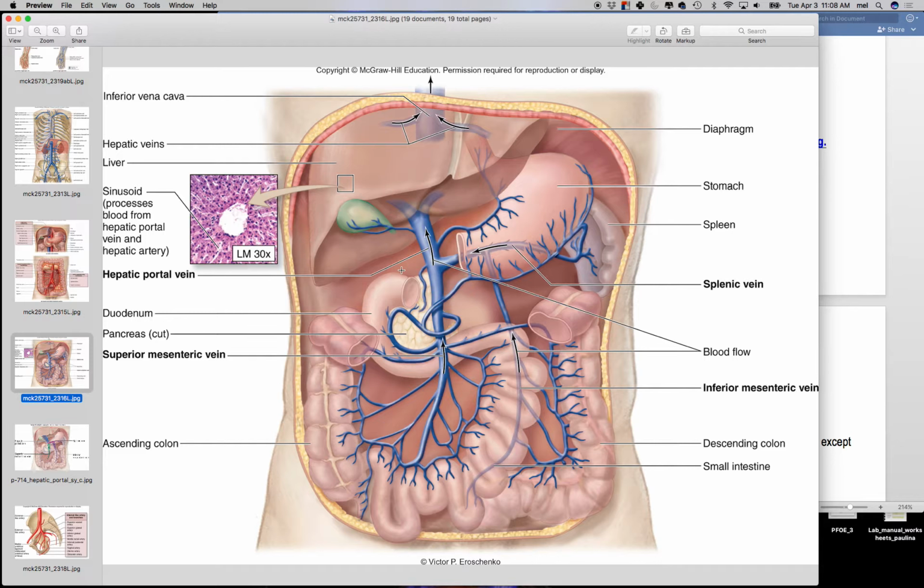So here's what it's going to do. Heart, arteries, arterioles, capillary beds, portal vessel, capillary beds, venules, veins, heart. So it gathers everything from all of those capillary beds, and instead of sending it back into circulation, it sends it through a second capillary bed. Does that make sense? So a portal vein is really about shunting blood directly from one capillary group to another. Does it make sense to you that you would want to do this in this situation?